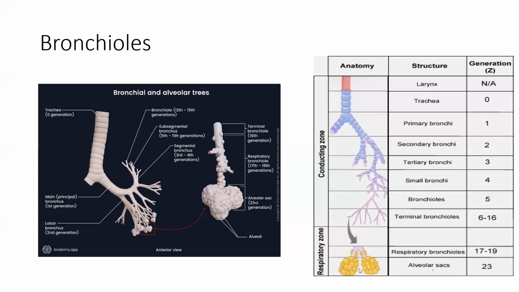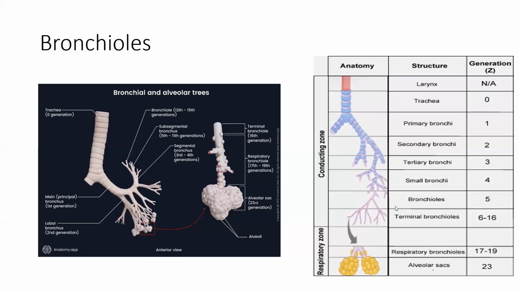These outpouchings are known as the alveoli, and there are around 500 million of them within each lung.